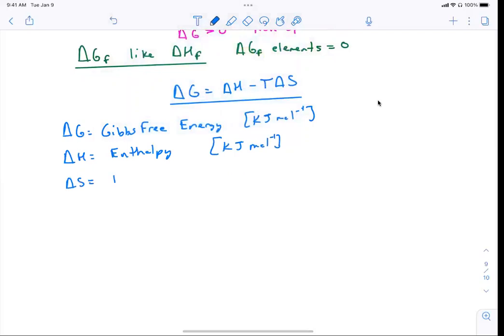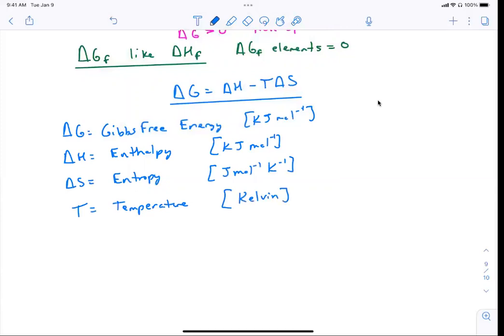Delta S is entropy, which is joules per mole per Kelvin. And T, which I forgot to write in that order, is temperature in Kelvin.